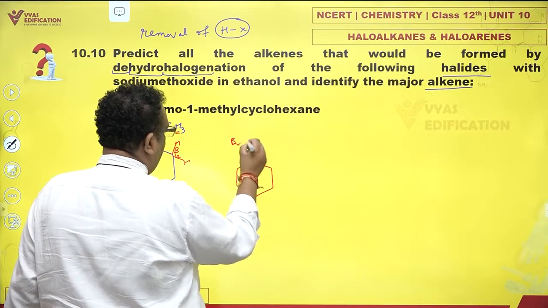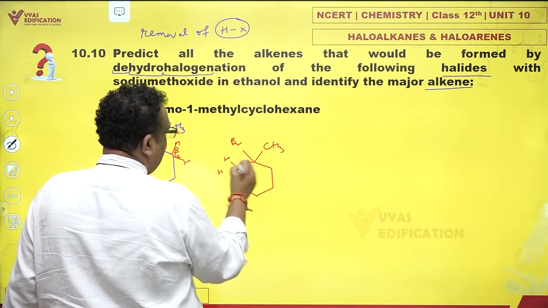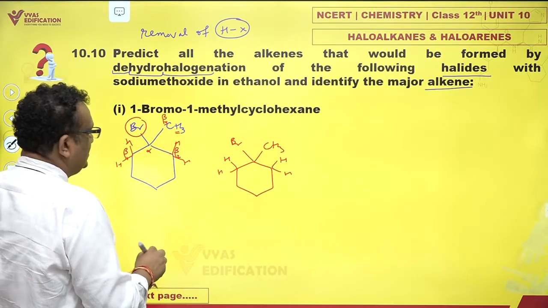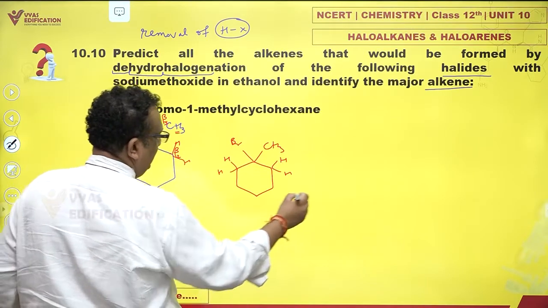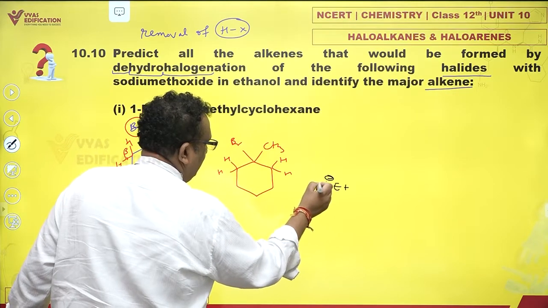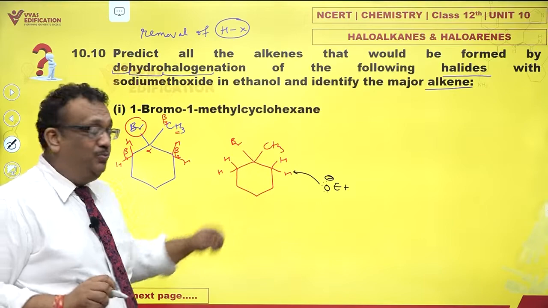I have Br, I have CH3, and the hydrogens on the ring. We have OEt minus. It attacks a beta hydrogen. That means it donates a lone pair.